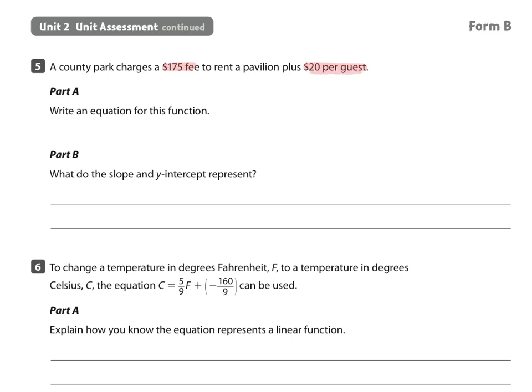You have $175 that will be flat. It doesn't change. You invite 0 guests, you're paying $175 for the rental. You invite 2 guests, again, you're only going to be paying $175 for that rental plus now the guests. So the fee, that flat fee, is going to be your b, your initial value.